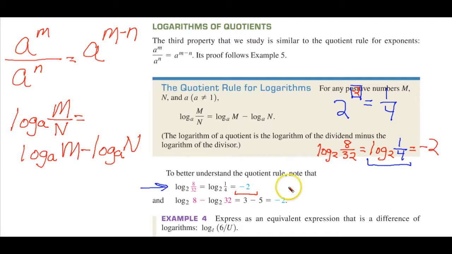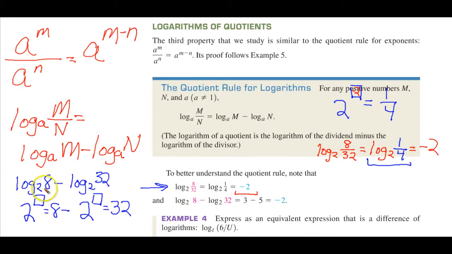Okay? Now, notice if you did it the other way. You went log base 2 of 8 minus, as we were showing you over here, log base 2 of 32. Now, what is this one? Let's do that as well. We'll focus down here. So, again, we're doing this line right there. And we've converted now log base 2 of 8.